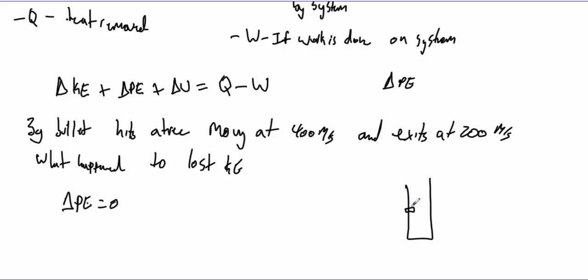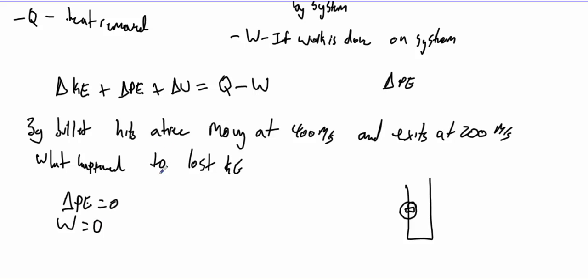So if the bullet and the tree are together, then there's no external forces acting. Now if we take just the bullet to be our system, which we can do, then there is work done on the bullet. Work is done on the bullet to slow it down, but its temperature is also going to increase. But if we take both things together to be our system, then there can't be any work done because all the forces are internal. So the work is also zero.